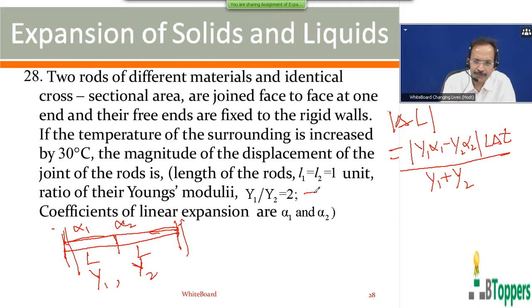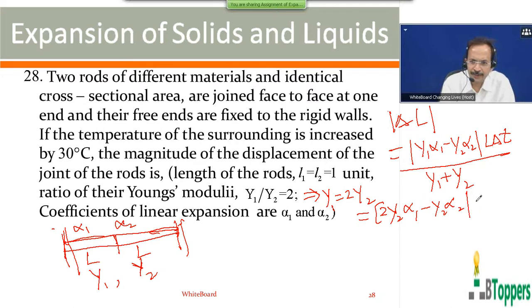So here Y1 by Y2 is given to be 2. So Y1 you can write as 2Y2, in both numerator and denominator. L1 and L2, the original length of each rod, is the same, denoted by L equal to 1 unit here. Delta T is the increase in temperature, that is 30 degrees centigrade.